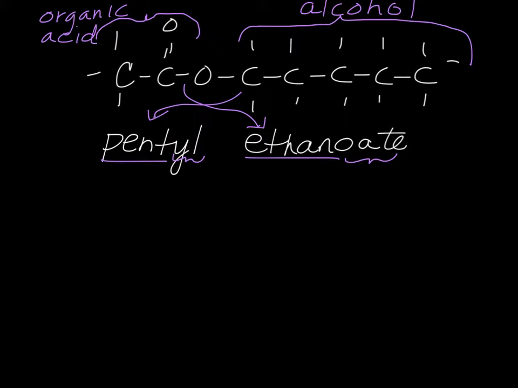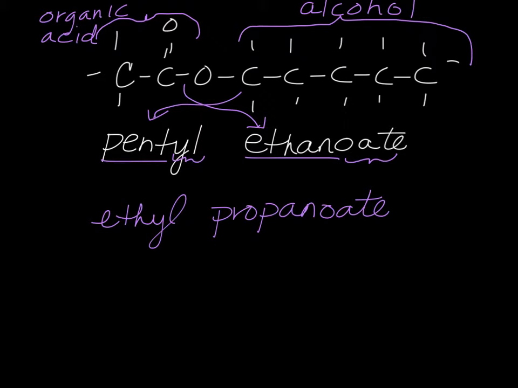So for example, if I asked you to draw ethyl propanoate, knowing that, you know that the ethyl comes after the O. I'm going to do this in a different color. So here's my O in the middle. 2 C's, so I'm going to draw my 2 C's. And then I just put in my H's so that each carbon has 4 bonds.